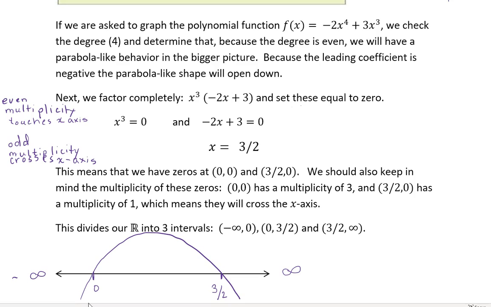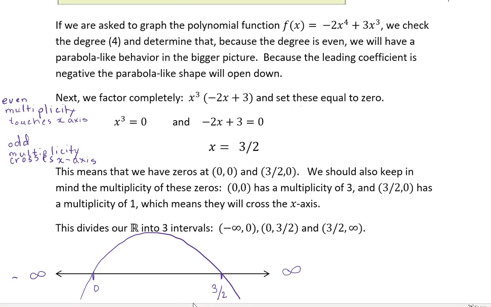We have our point here at 0, 0, and then we have 3 halves, 0, and it does cross. We have a negative infinity, a positive infinity, then we've got stuff in between. So this is going to divide our real number line into 3 intervals: from negative infinity to 0, from 0 to 3 halves, and then from 3 halves to positive infinity.